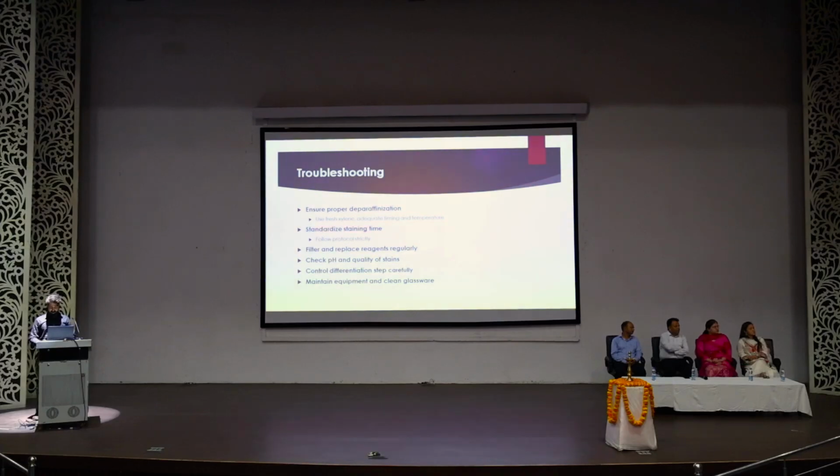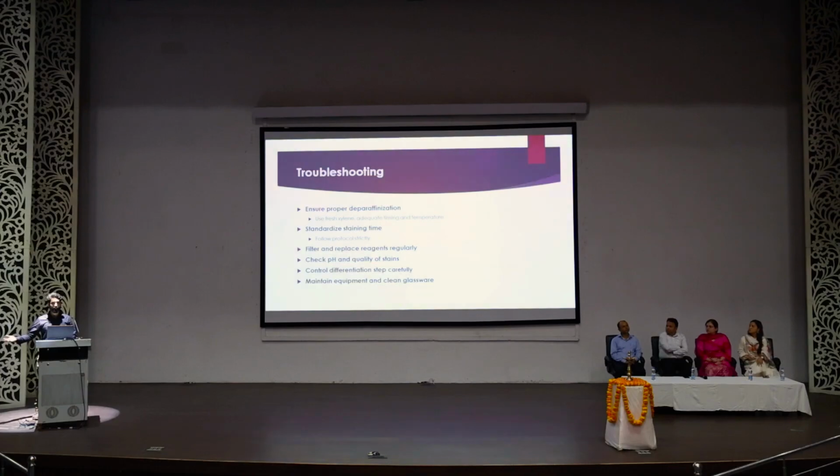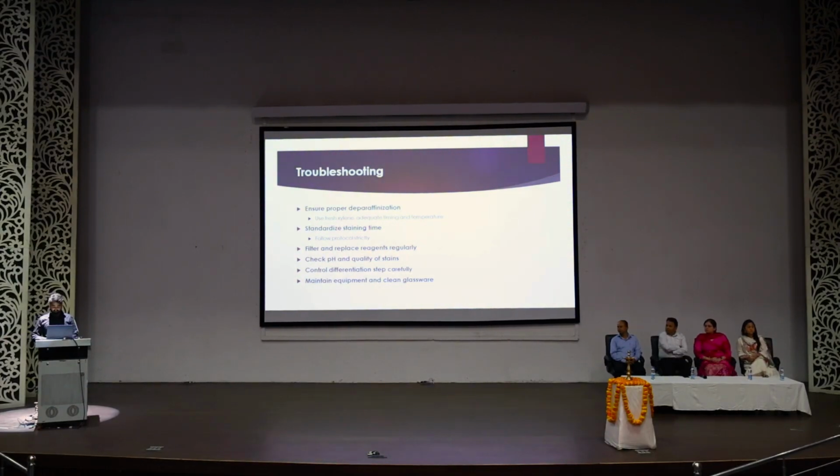Maintain equipment and clean glassware for storage, and balance reagents properly during weighing and measuring. As I have seen multiple times here in Jammu, many technicians use their hand like this, this much and this much, but this is not a scientific way. We must avoid it to ensure proper staining.